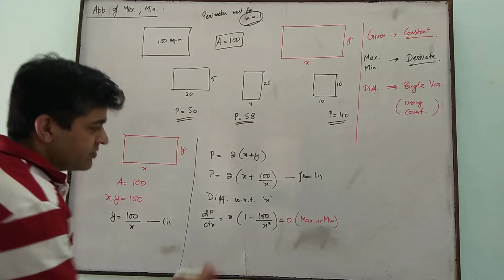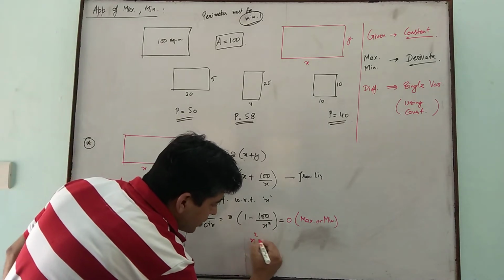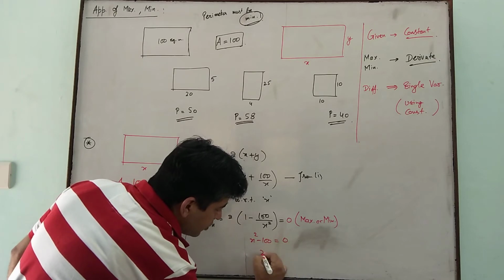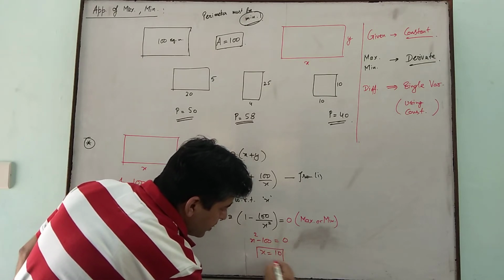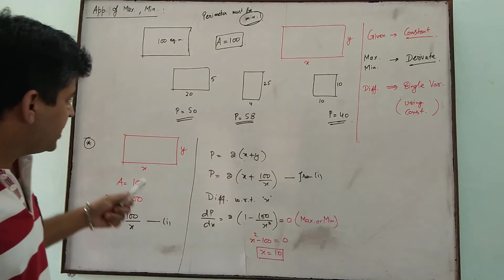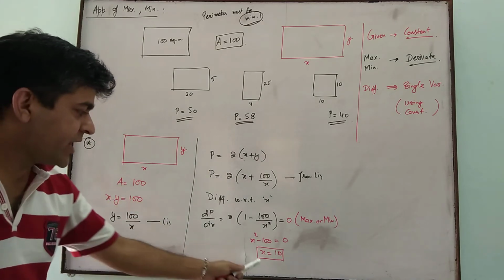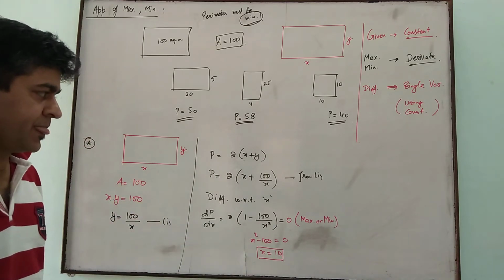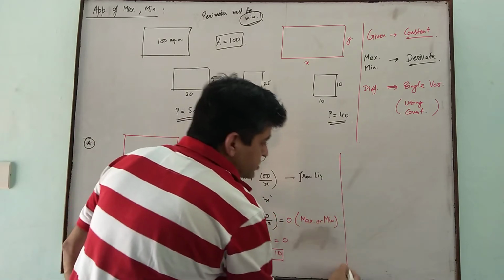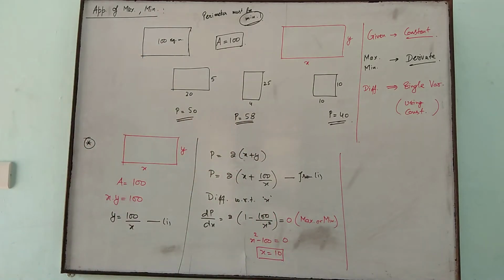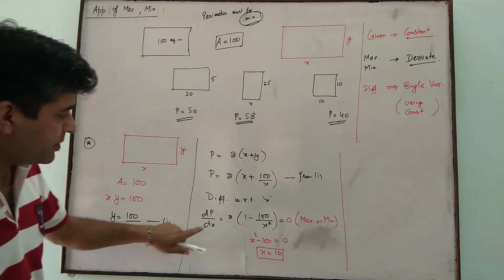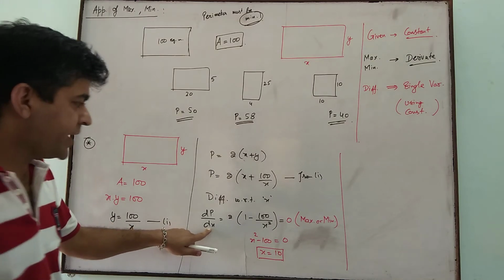From here you will get the value of x. x square minus 100 is equal to 0. x is equal to 10 or minus 10. x cannot be negative as it is a side. So x is equal to plus 10. Now see, when x is equal to 10, what will be the double derivative at this particular point?